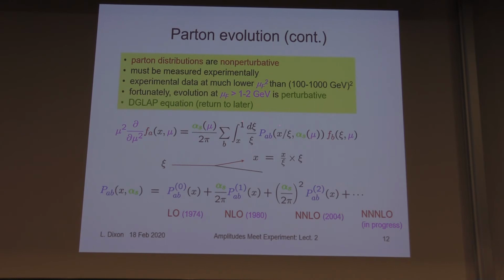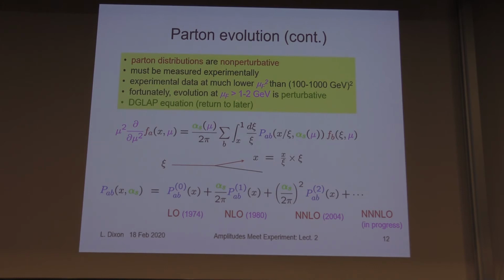Now, before the end of this lecture, we'll see how you can relate these collinear splitting probabilities, which are basically the squares of splitting amplitudes that you can read off from the spinor helicity forms for the amplitudes.